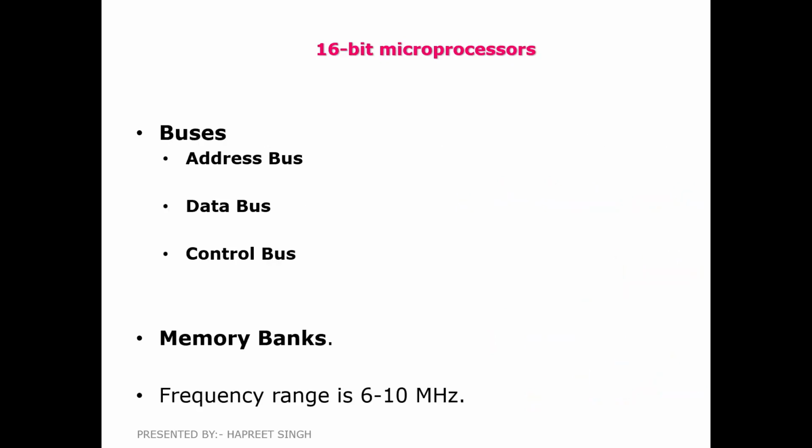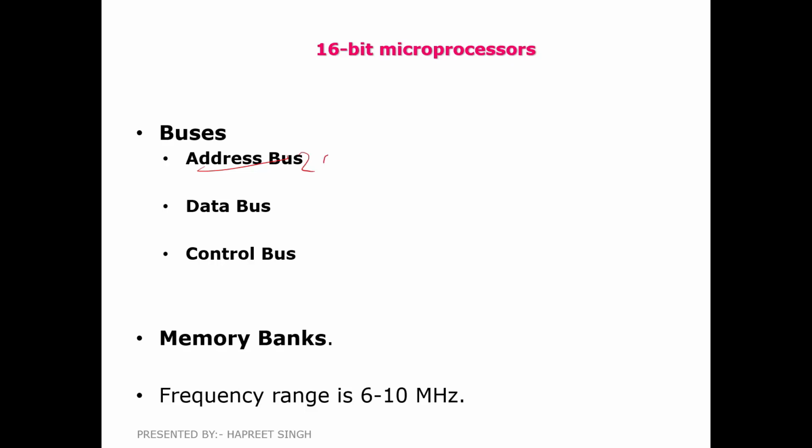Coming to the next feature, that is the buses used in the 16-bit microprocessor. There are 3 types of buses used. First one is the address bus, second is the data bus, and third one is the control bus. First of all, we will discuss the address bus. It is a 20-bit address bus.